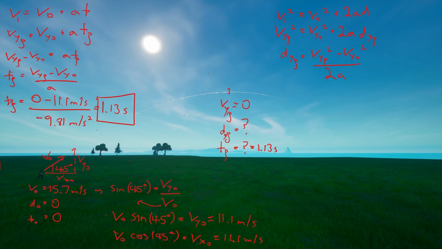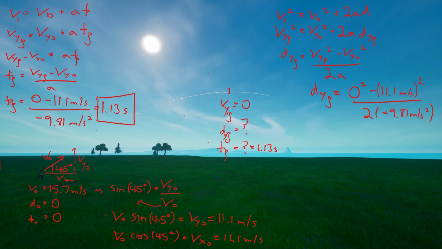We know acceleration is gravity acting downwards, so it will be negative. Plug those numbers in, and we get vertical distance of the peak equals 0 squared, that makes it easy, minus 11.1 meters per second squared, divided by 2 times gravity, which is negative 9.81 meters per second squared.